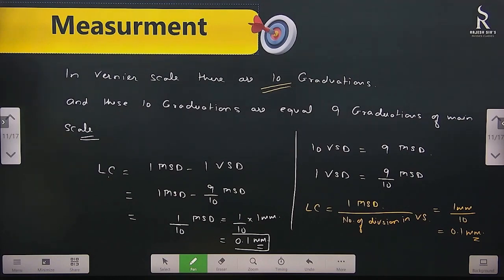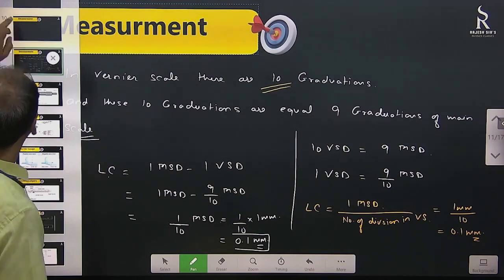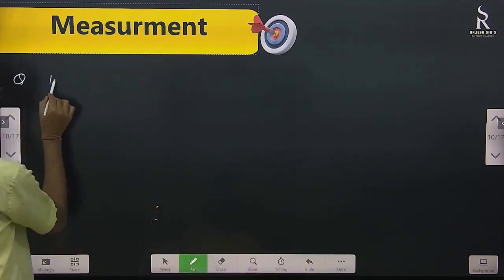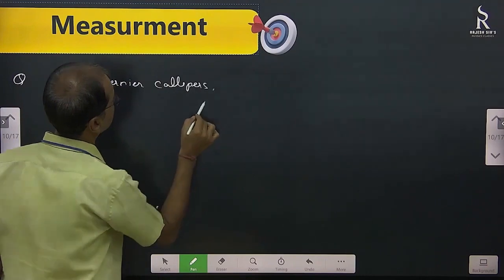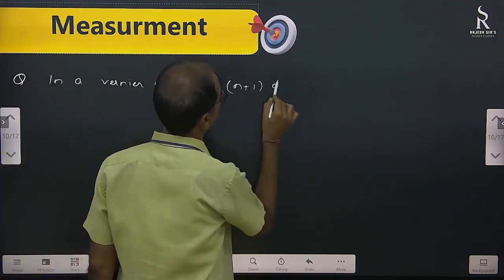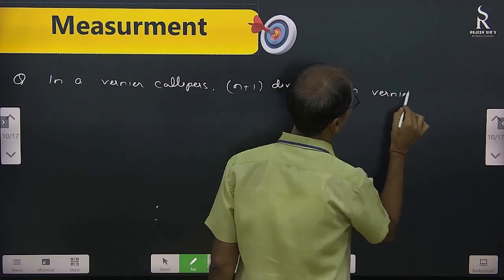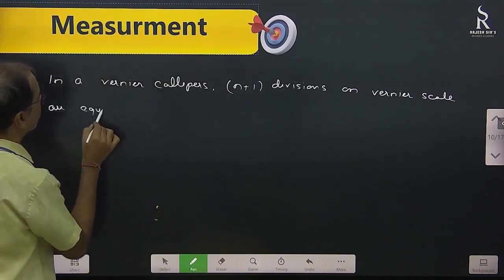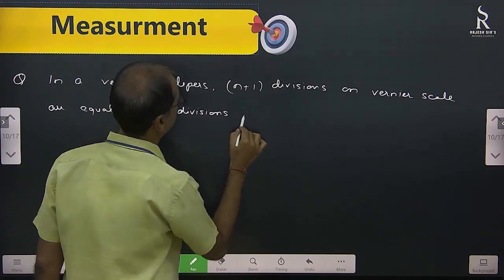Done? Okay. The question was like this. Question given was, in a vernier calipers, n plus 1 divisions on vernier scale are equal to n divisions on main scale.